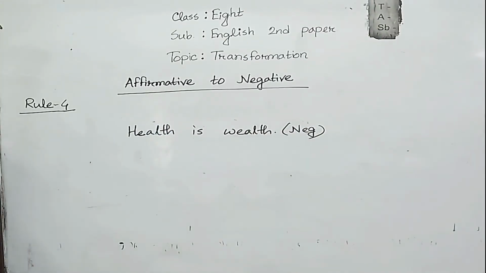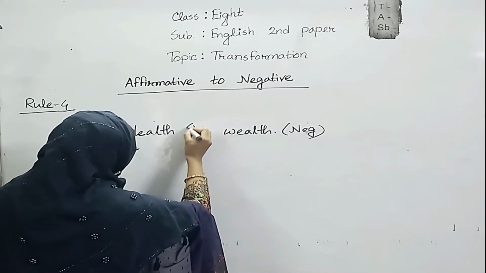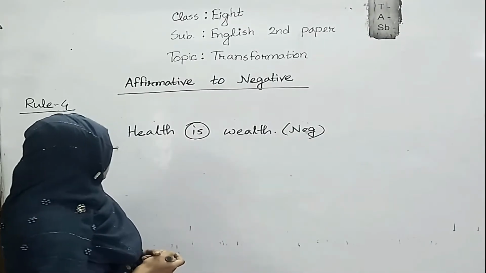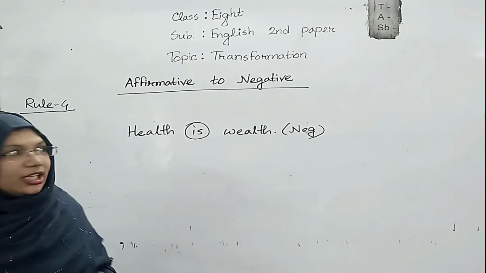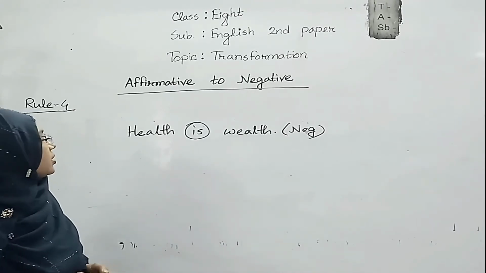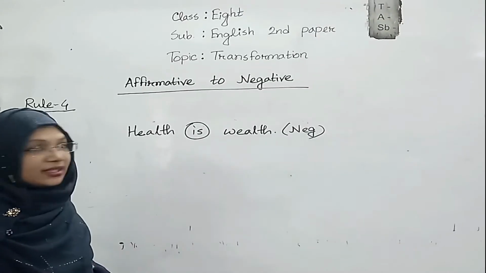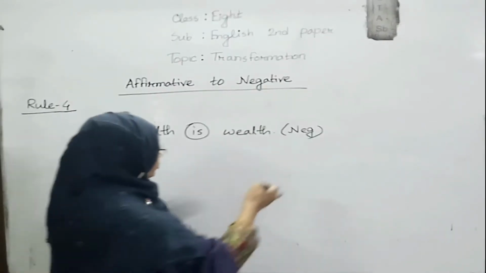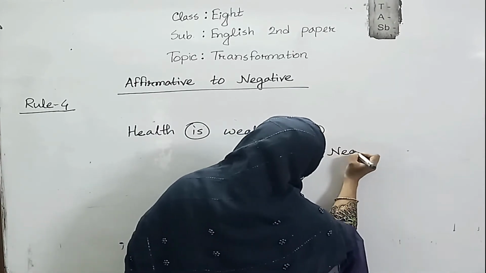What is the verb here? Here the verb is "is". Dear viewers, we have to remember, if we get a universal truth in an affirmative sentence and we want to make it negative, then we will make it negative interrogative.